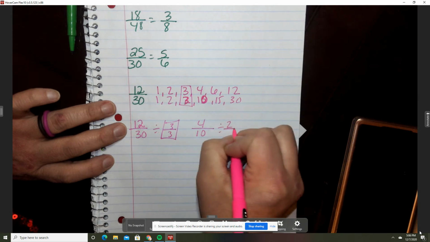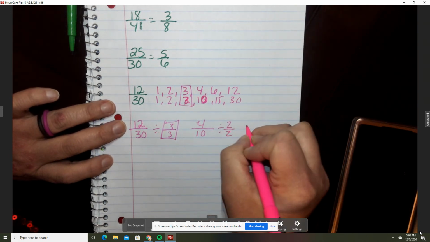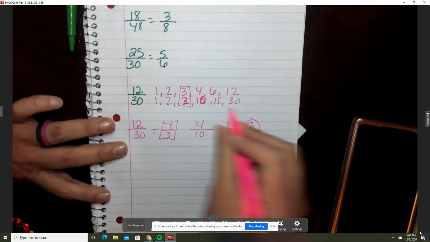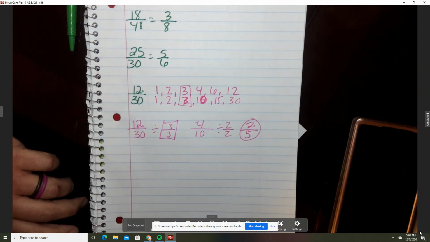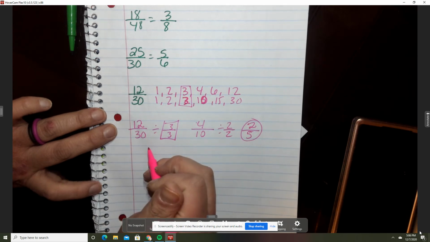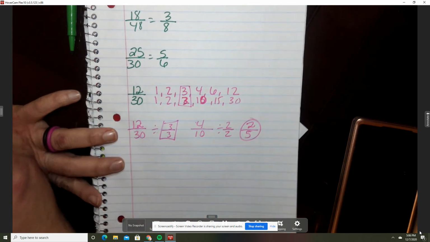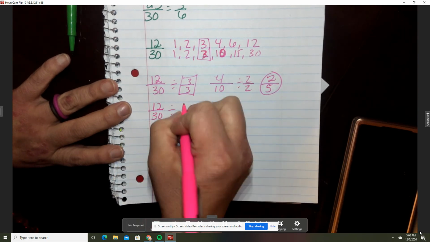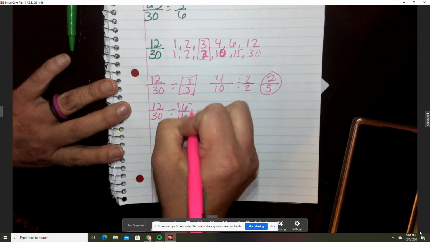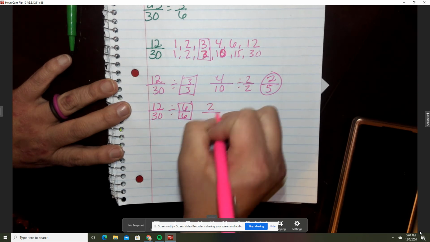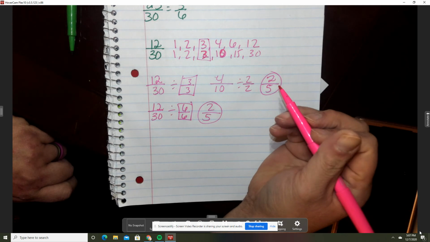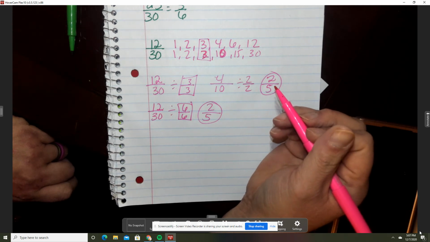Divide that by 2. 4 divided by 2 is 2. 10 divided by 2 is 5. I'm sorry. I should have put a 6 there. And if we would have just divided that by 6 right out, we would have gotten 2/5. I'll show you. 12 divided by 6 is 2. 30 divided by 6 is 5. That's why it's so important to make sure you're listing all your factors because that'll happen.